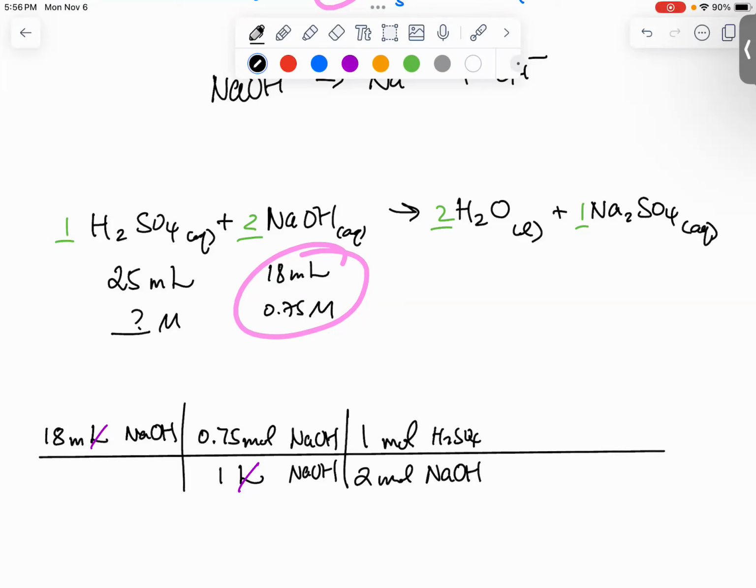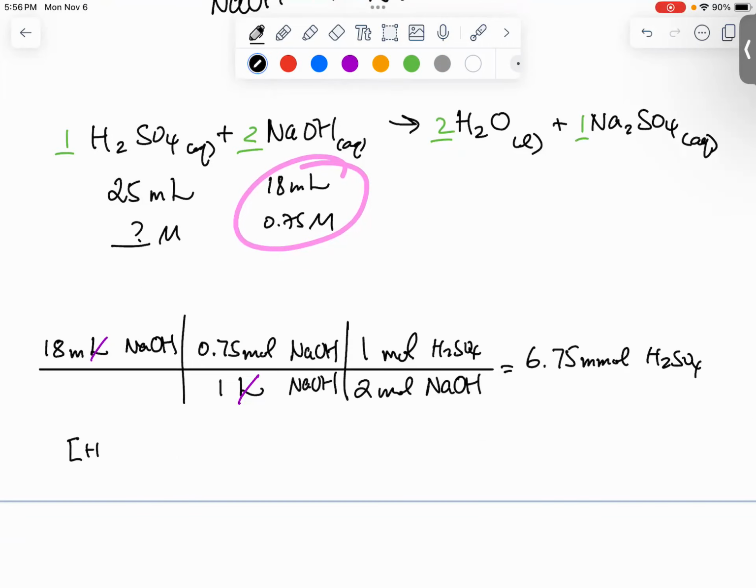So technically, I've got the number of moles of H2SO4, so I'm going to find out the moles right here. That's basically 18 times 0.75 and then divided by 2. So I've got 6.75 millimoles of H2SO4.